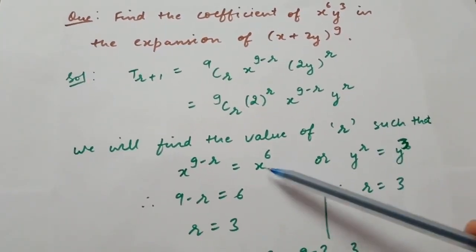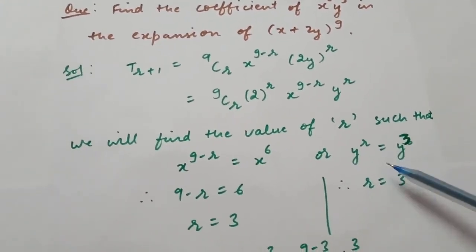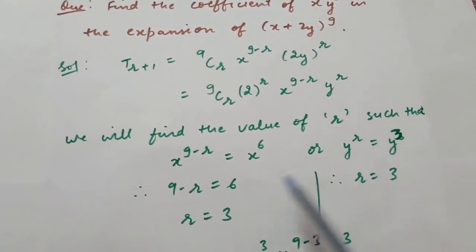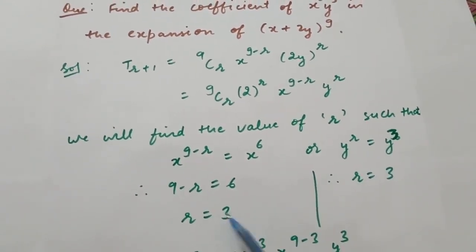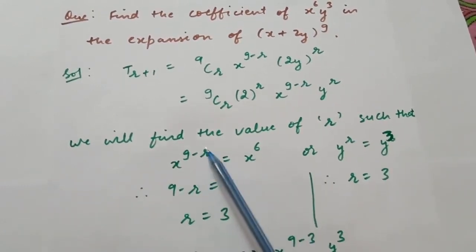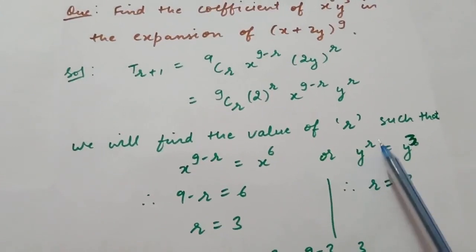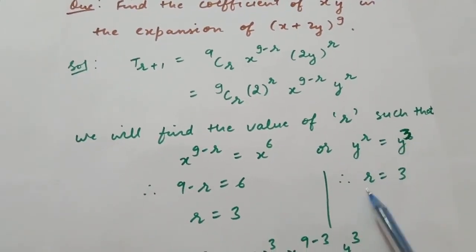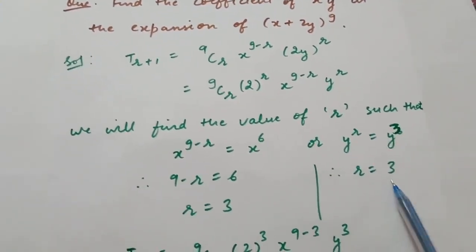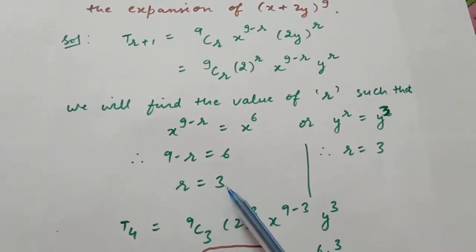So you can either take this equal or this equal. From both the cases you will get the value of r as same, 3, right? Because if this is equal to this, then 9 minus r is equal to 6 and r will be 3. Or if y raised to the power r is equal to y cube, then also r is equal to 3. So from both the cases we got that r should be equal to 3.